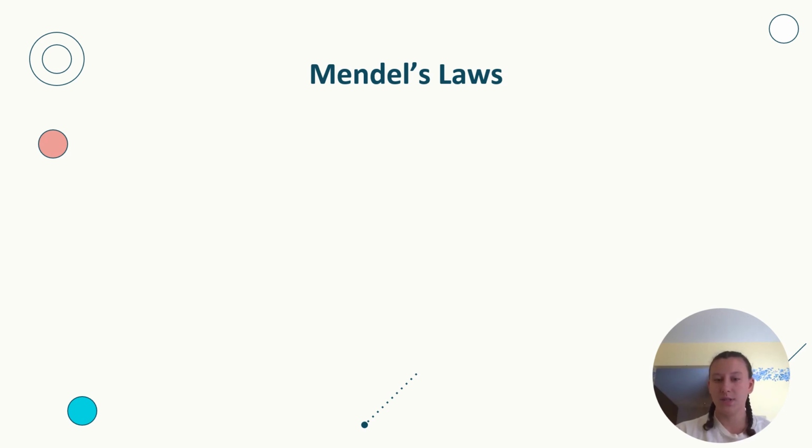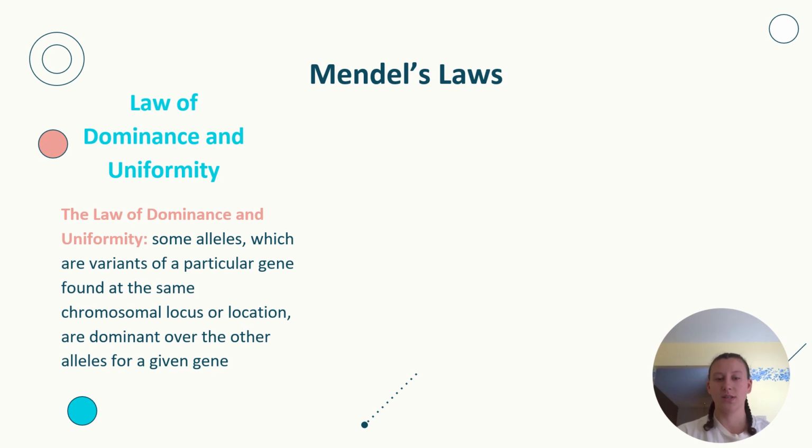So through his experiments, Mendel created 3 laws that are key to our understanding of genetics today. The law of dominance and uniformity, which just says some alleles, which are variants of particular genes, are found at the same chromosomal locus or location, are dominant over the alleles of others. Simply put, some alleles are dominant versus some are recessive, which are terms we will keep using. Dominant alleles are the ones that show. So say brown hair color is the dominant trait.